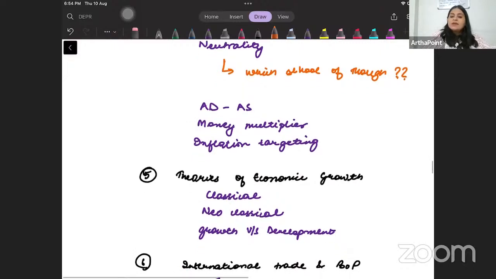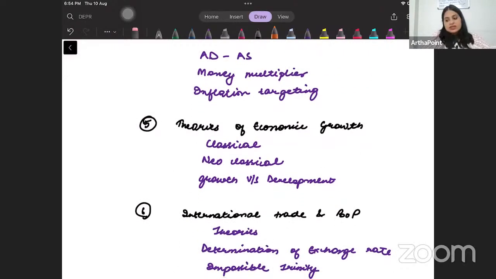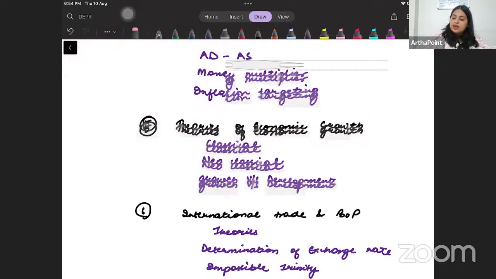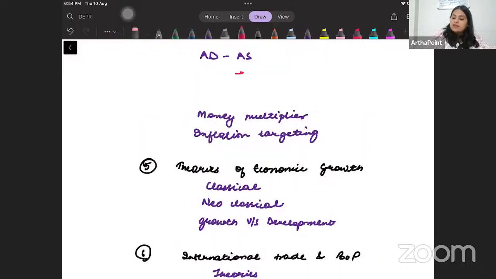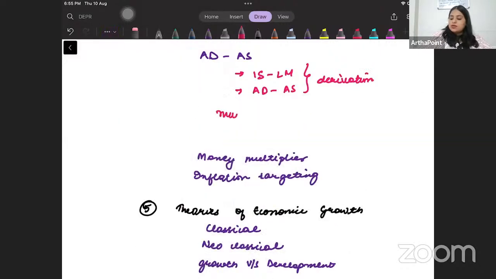Okay. Next, beta, we have the AD and AS curve. In this you should be aware about the derivation. You should be aware about IS, LM, AD, AS, the derivation of all four. And then multipliers.